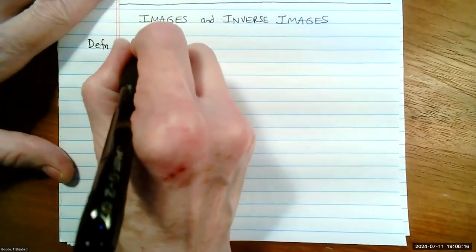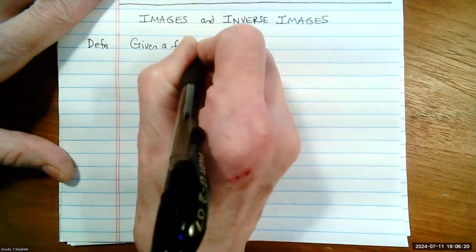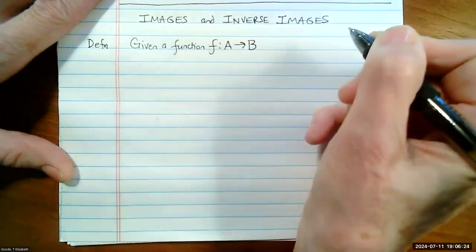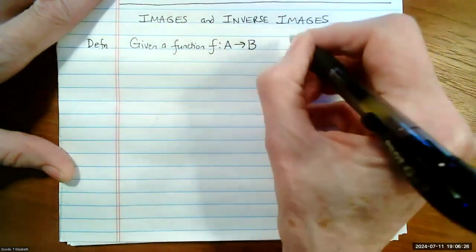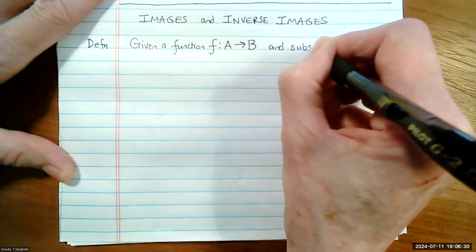Given a function f from A to B, so we know A is the domain, B is the codomain, and we've got to play the game with subsets.